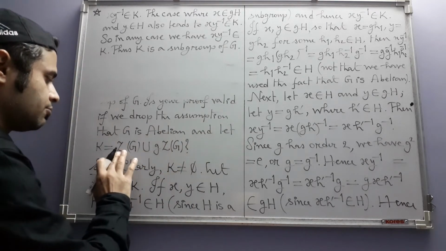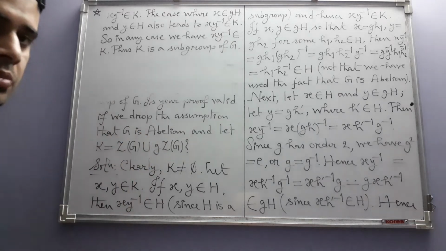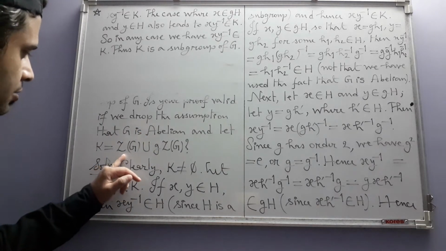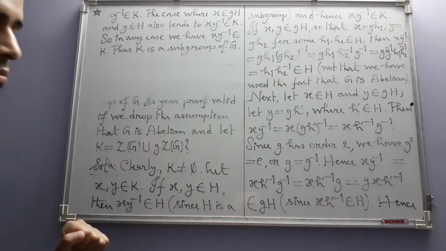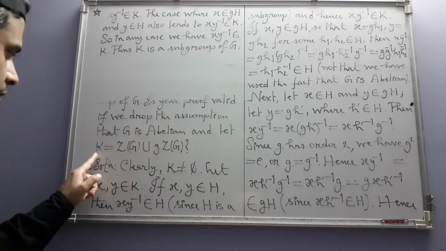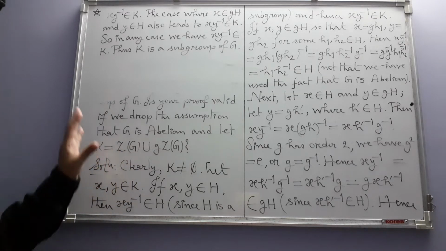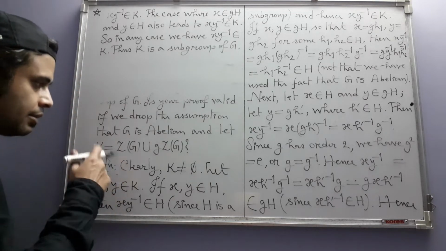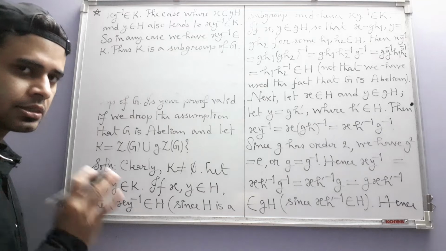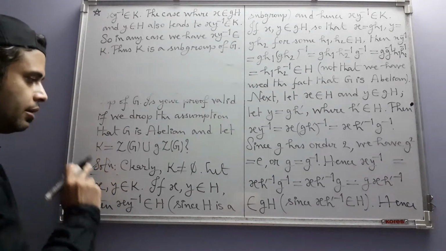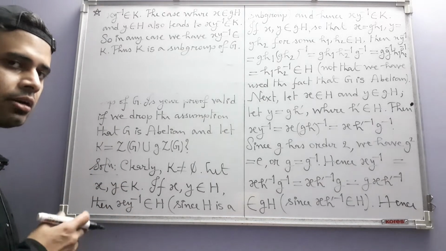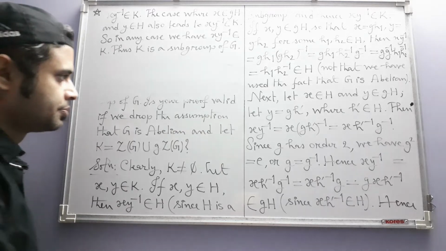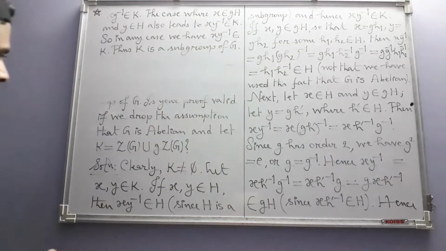And in place of an arbitrary subgroup H, we are considering the center of the group G and forming another such set K, similar to how we formed the previous one. Then is this conclusion still true? That is, is this K still a subgroup of G? We are now going to show that it is. So that is the second part.